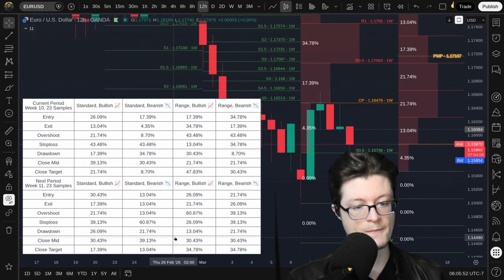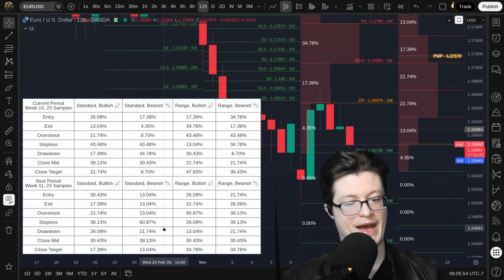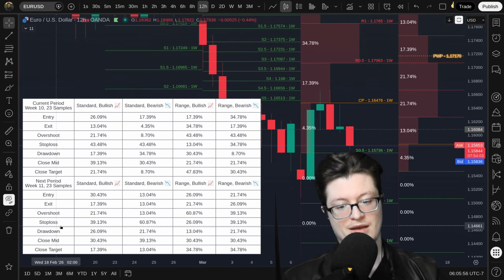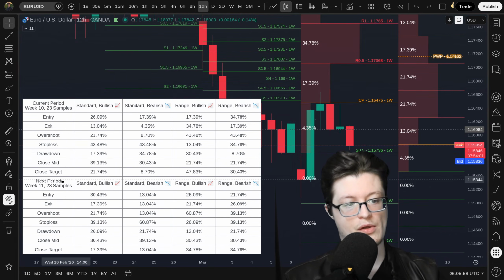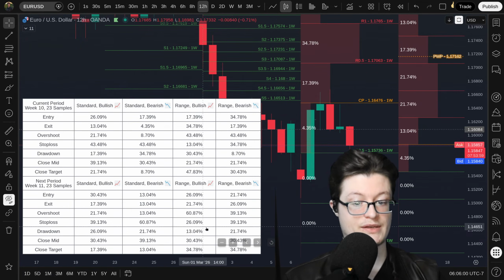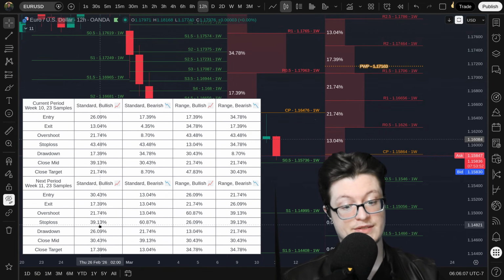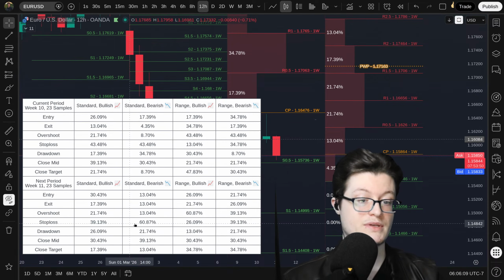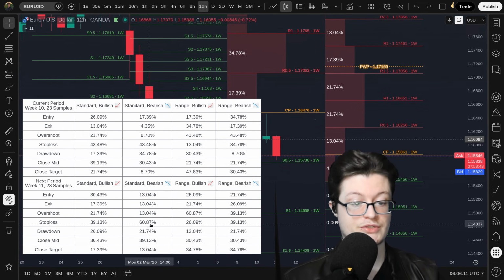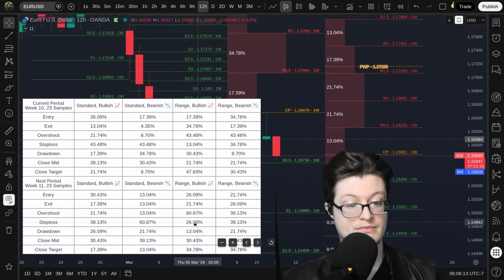And so what I like to do right off the bat is look at stop loss for, let's say, next week. So we're just looking at next week. Stop loss: standard bullish hits its stop close to 40% of the time. Standard bearish hits its stop 60% of the time.